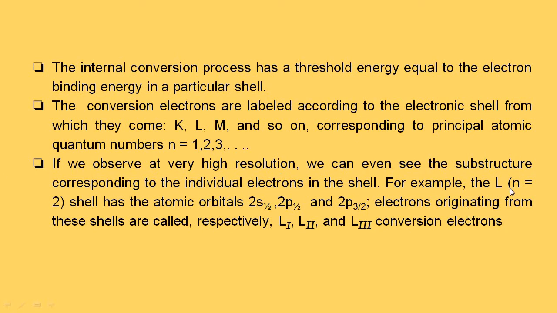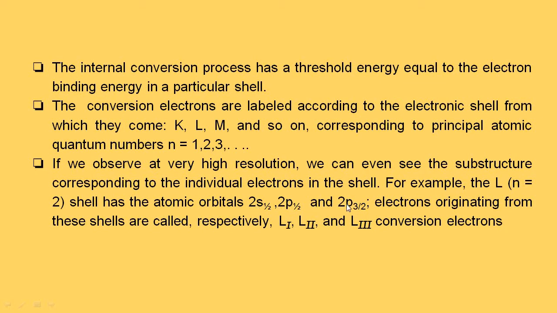For example, the L shell, that means n equal to 2, has the atomic orbitals 2s 1/2, 2p 1/2 and 2p 3/2. So electrons originating from these are called respectively L1, L2 and L3 conversion electrons. This is known to us.